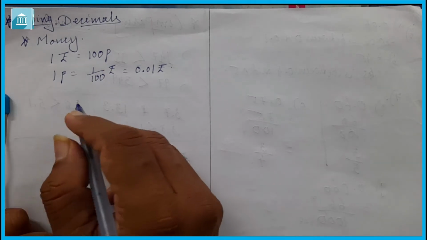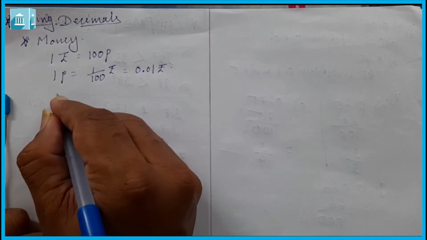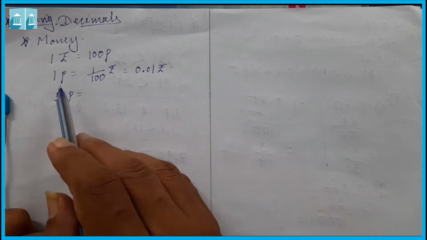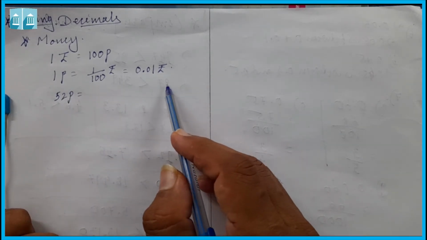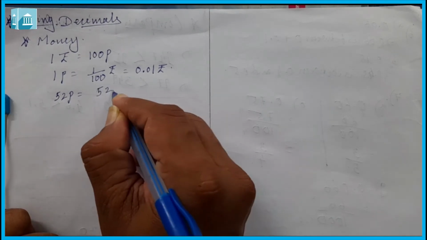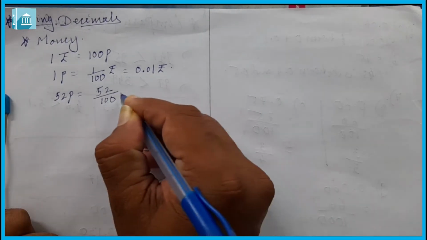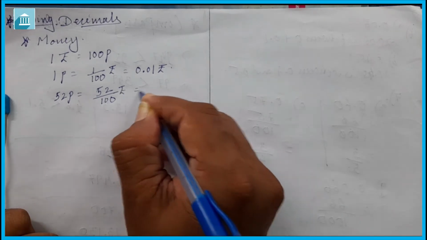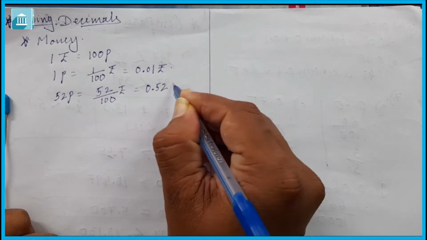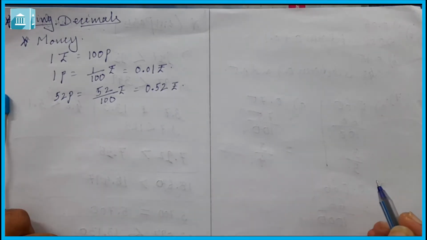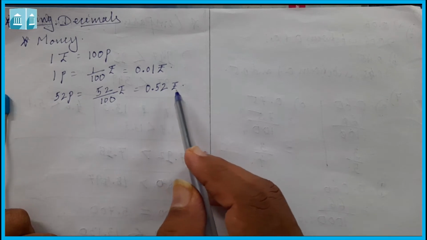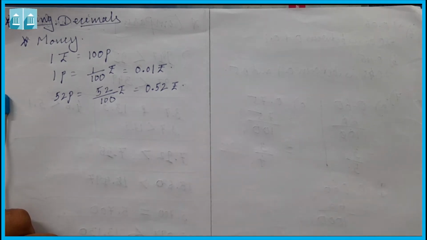For example, if we have 52 paise and we need to convert it into rupees using the decimal point, then it will be 52 upon 100 rupees, which is equal to 0.52 rupees. So in this way we can use decimals in money, or the amounts we use.